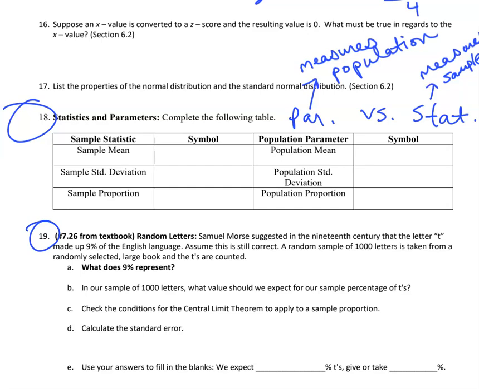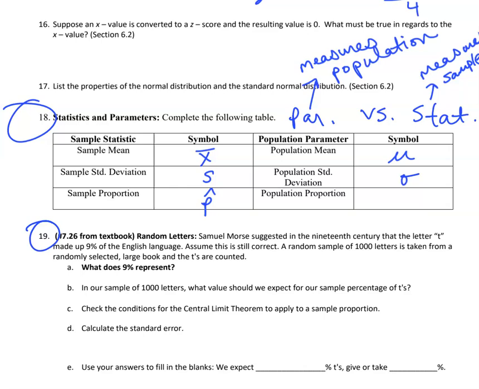Also make sure you remember the symbols for each of these. So for statistics, if it's a sample mean, we use X bar. If it's the sample standard deviation, we use lowercase s, and if it's the sample proportion, we use p hat. For the population, if it's a mean for the population, remember we use mu, and then if it's the standard deviation for the population, we use sigma.